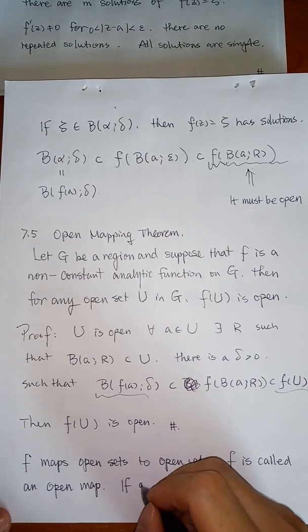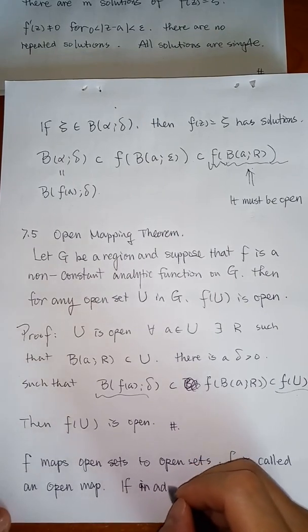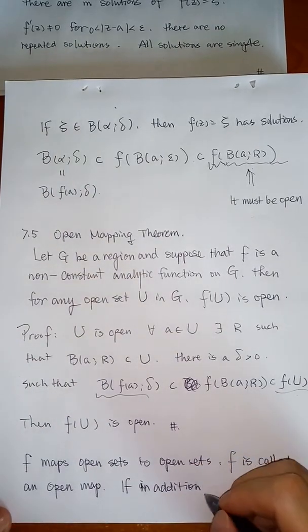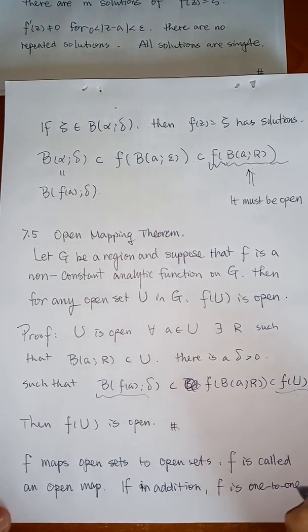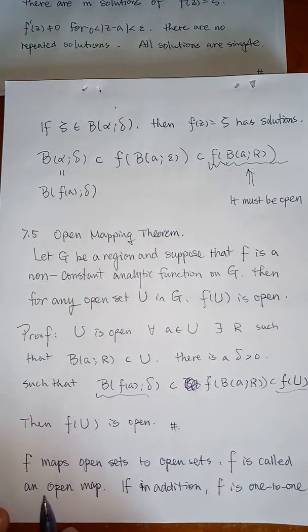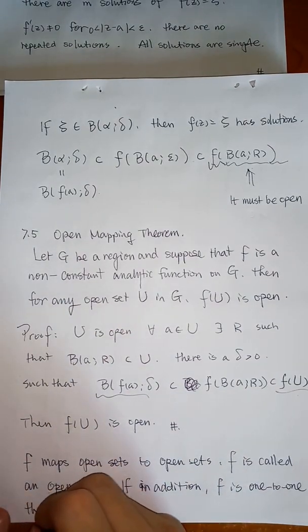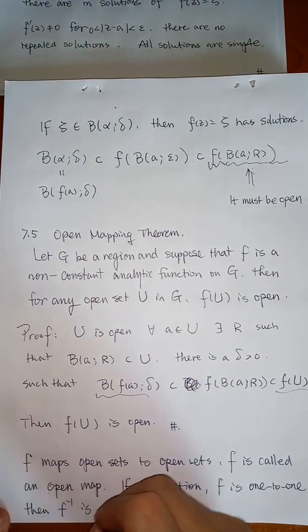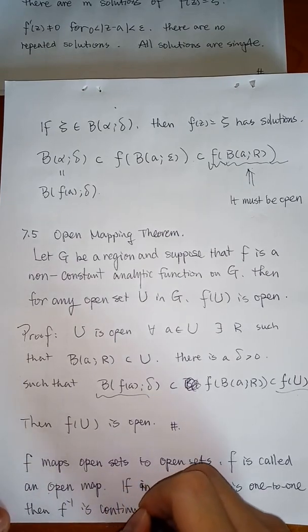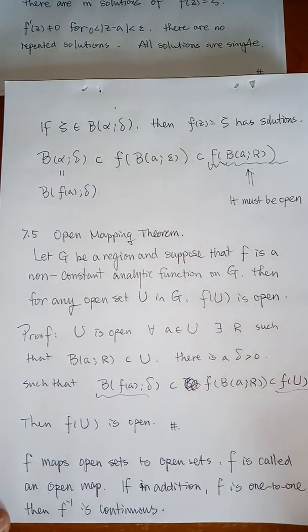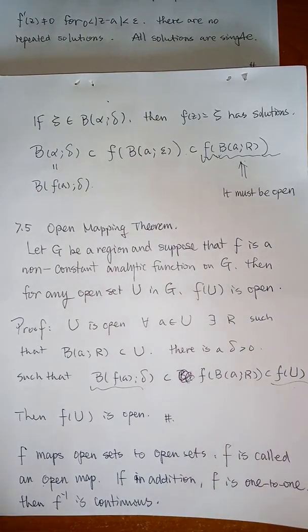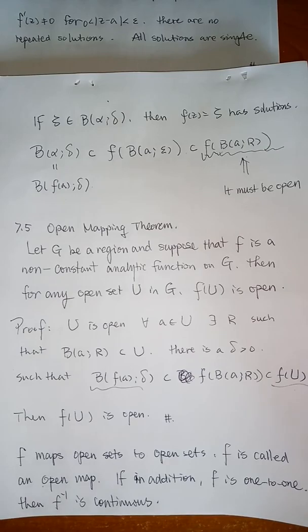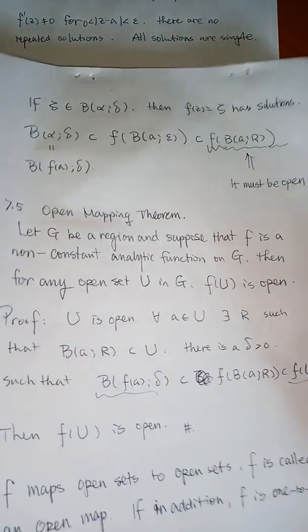If in addition F is 1-to-1, then F inverse is continuous. So that's the relation between the open map and the inverse map, the continuity of the inverse map.